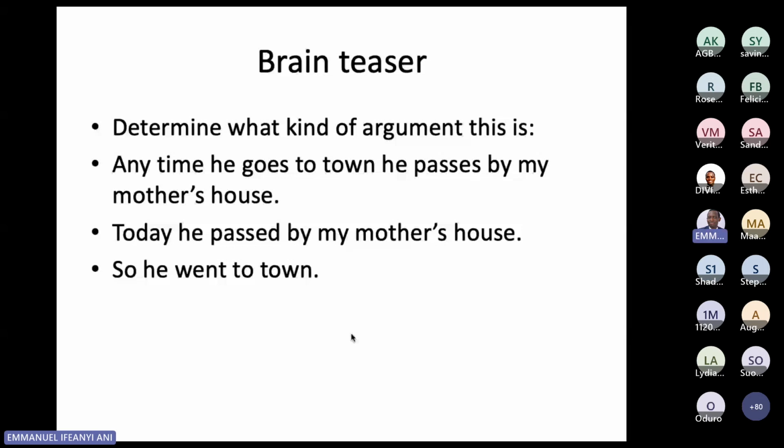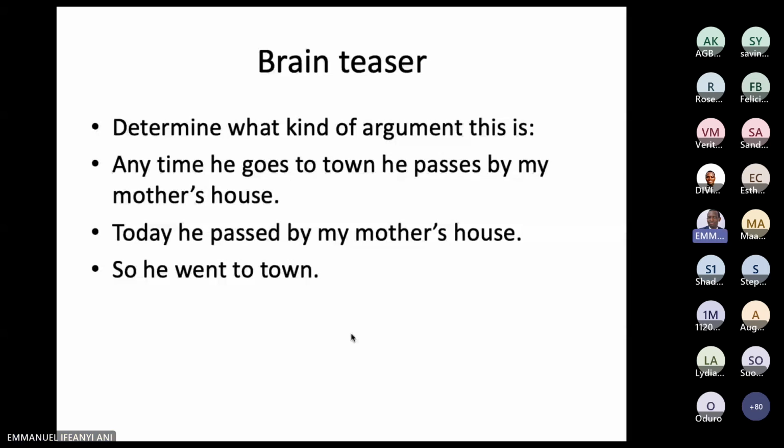So I've given you some steps for determining the kind of argument. First of all, find out what is the major premise. I told you the major premise is the one you can convert to a conditional, an if-then statement.